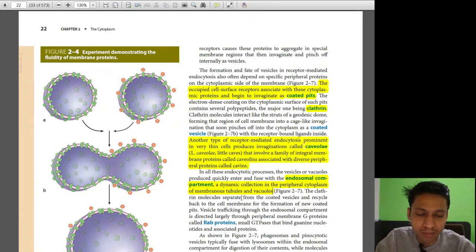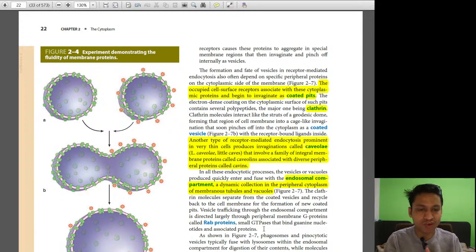The clathrin molecules separate from the coated vesicles and recycle back to the cell membrane for the formation of new coated pits. Vesicle trafficking through the endosomal compartment is directed largely through a peripheral membrane G protein called Rab protein, a small GTPase that binds guanine nucleotides and associated proteins.